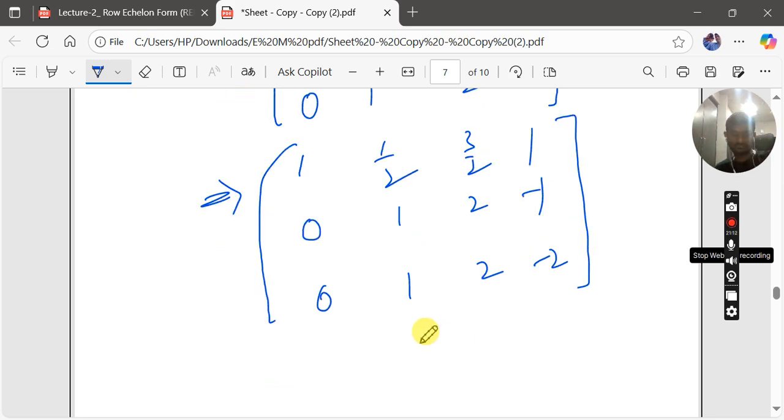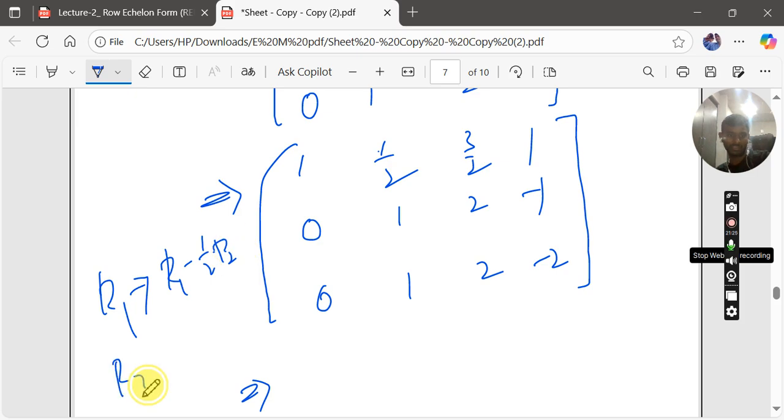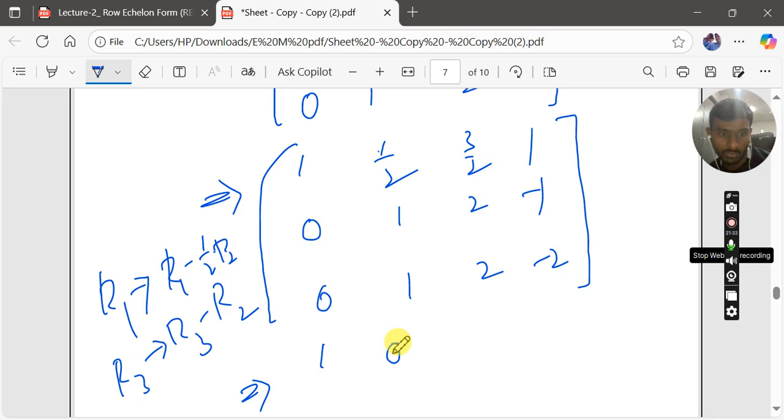Now we need to make this one a 0 and this one a 0. So how can you make that? It is nothing but R1 implies R1 minus half into R2. Similarly, R3 implies R3 minus R2. Then 1, 0, 3 by 2 and 1 by 2.